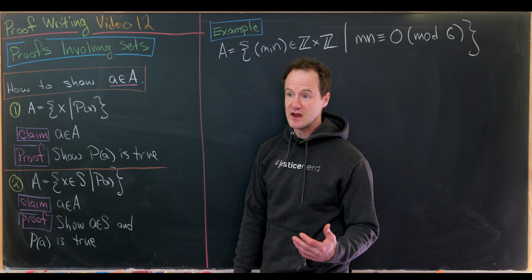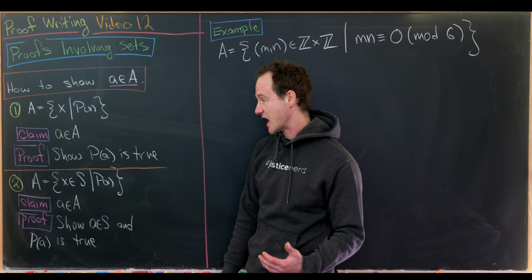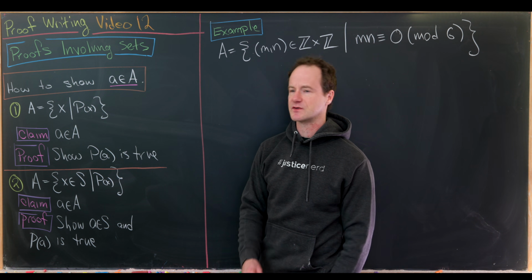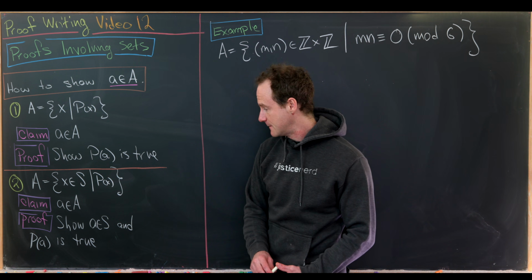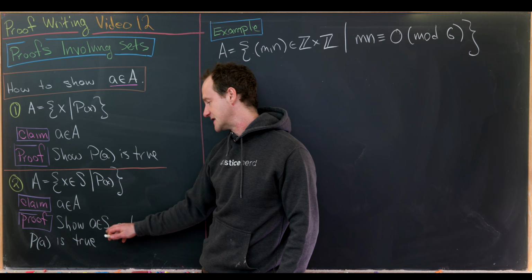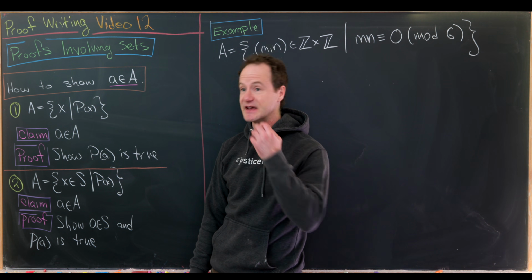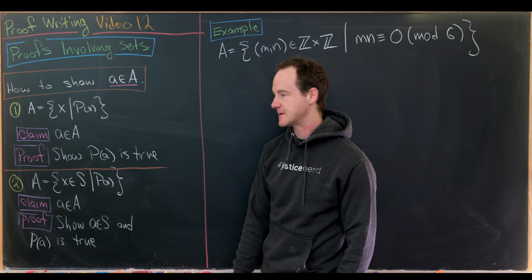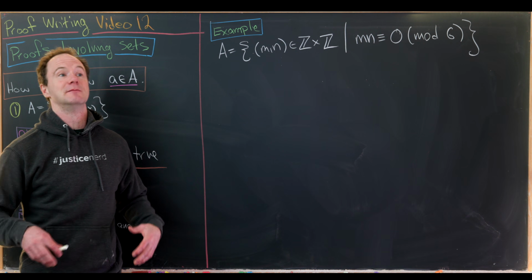And so the proof here is essentially the same thing, except you also have to check that you're within that universal set first. So if you want to prove the claim that a is in A, then you would first show that a is an element of S, and then you would show that P of a is a true mathematical statement.